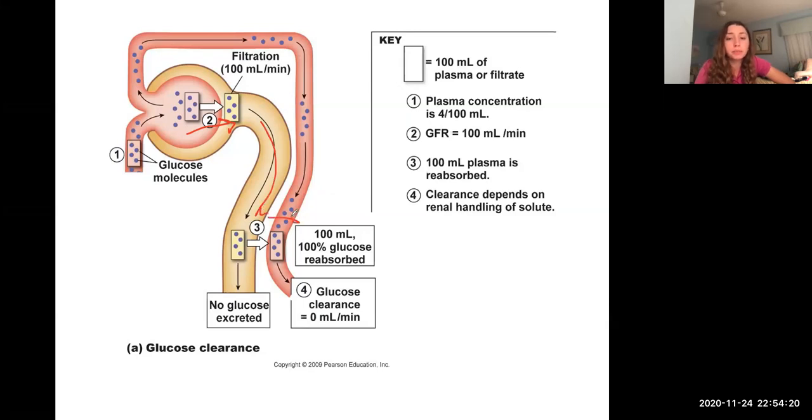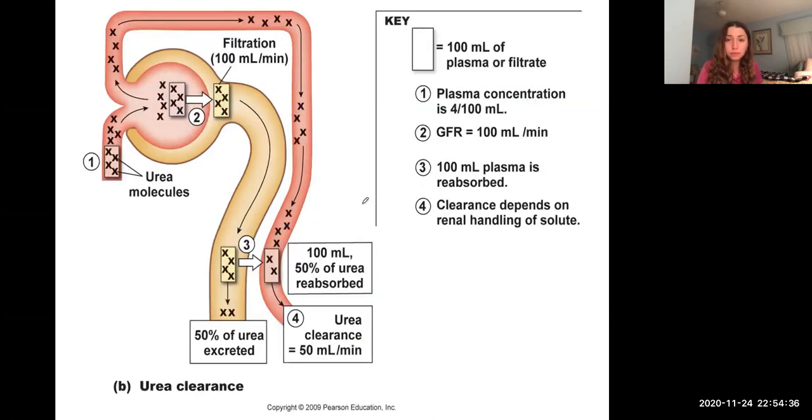And this basically makes the clearance 0 milliliters per minute because all of it is reabsorbed and put back into the capillaries. So the clearance is less than the GFR because the amount excreted is less than the amount filtered.